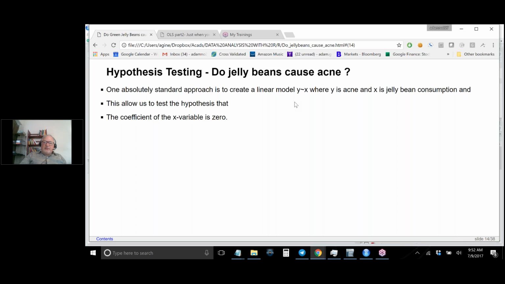That the true coefficient of x is unlikely to be 0. If the p-value is greater than 0.05, we're going to accept the hypothesis that the true coefficient of x is 0, which would mean that there's no causal relationship between jelly beans and acne.